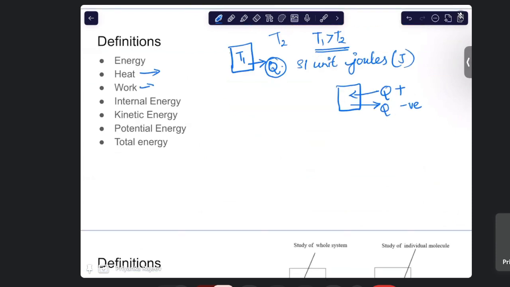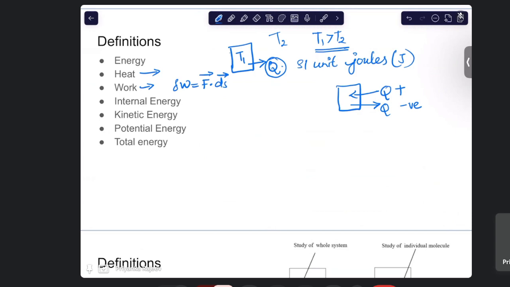Then work. As we have learned earlier, it is calculated using a formula where it is the dot product between force and displacement.